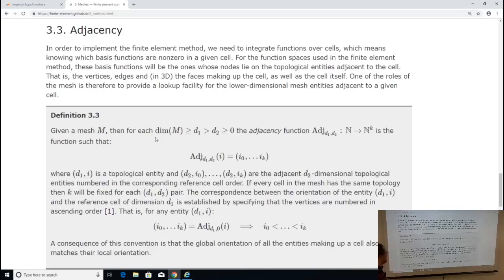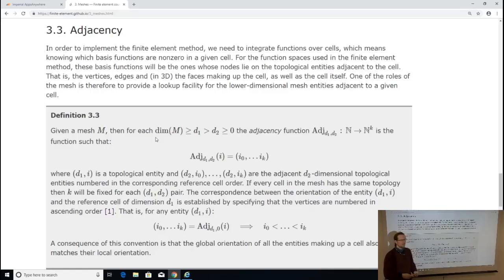The ordering of this is important. That specifies the orientation, and the ordering that we use is an ordering that magically works on simplices and can be demonstrated to also work on quadrilaterals as long as your manifold is orientable. So if you want to solve PDEs on a Mobius strip, you're in trouble. But as long as we're in the same space, it's good. These are in ascending order.